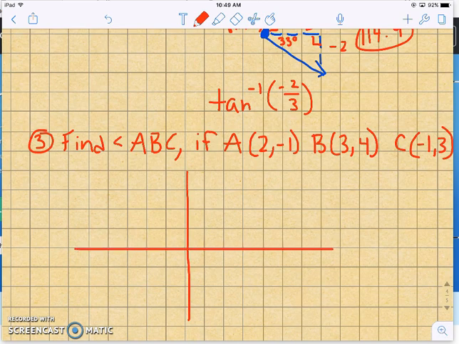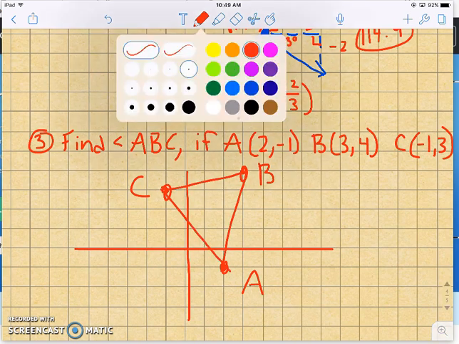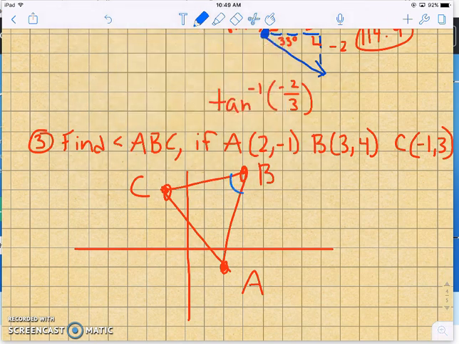So let's see. (2, -1), (3, 4), there's B, and (-1, 3). And we are trying to find the angle ABC. So we are trying to find this angle.